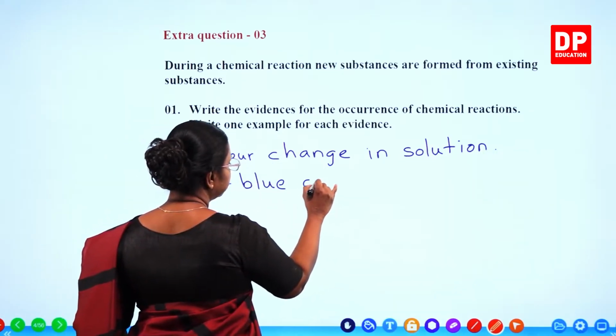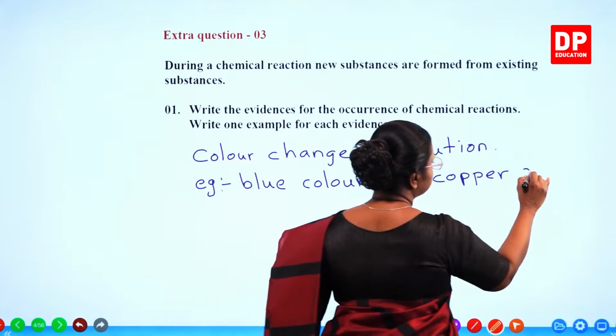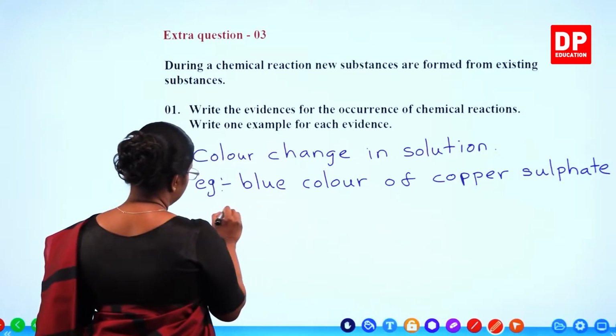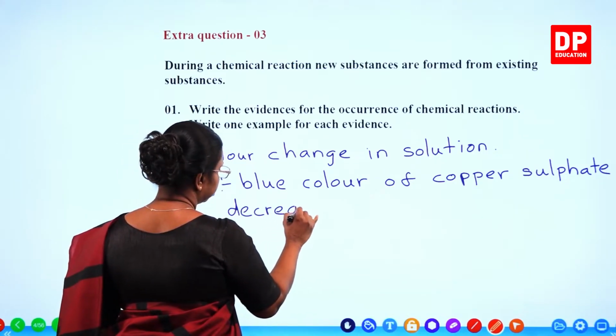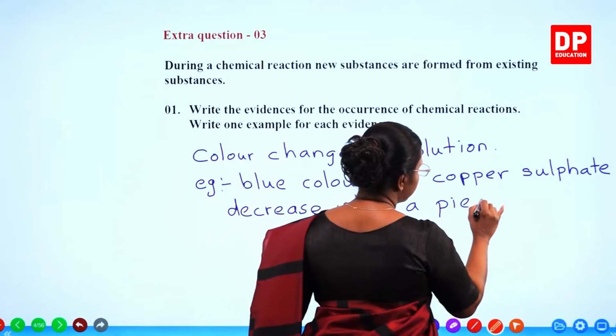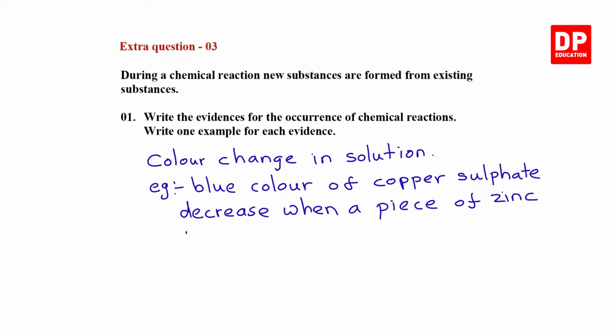Blue color of copper sulfate decreases when a piece of zinc reacts with it. So when you put a piece of zinc or even a piece of magnesium into a solution of copper sulfate, the blue color decreases. Then the next one.